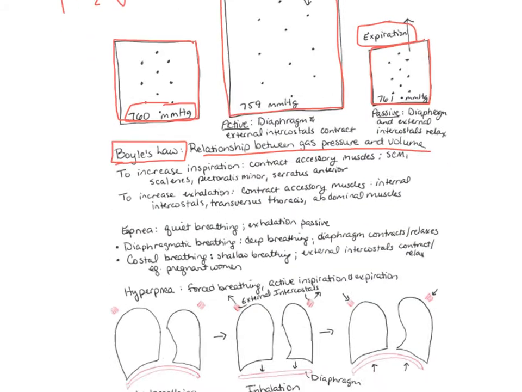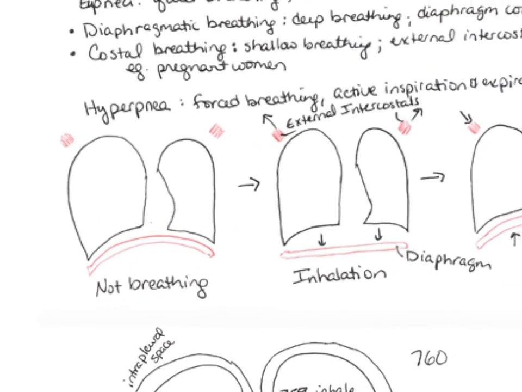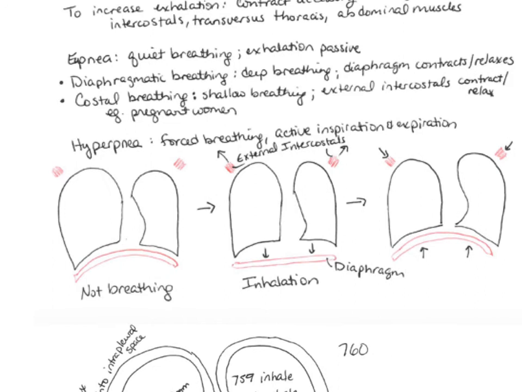So when we look at the lungs here, here's the diaphragm right here, and here's the external intercostal muscles. When you're not breathing, they're not doing anything. They're not contracting, they're not relaxing. But as soon as they contract, they flatten out.